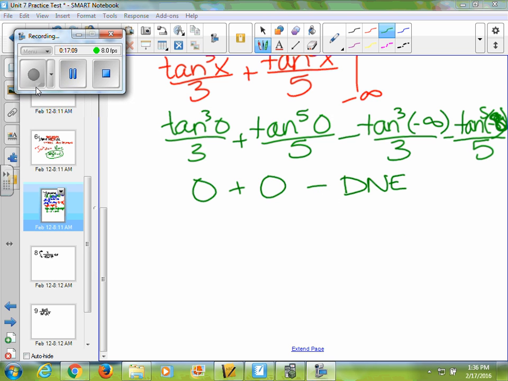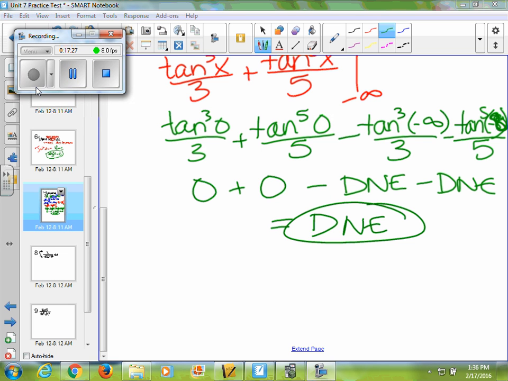What do we think happens at tangent to the 5th of negative infinity over 5? The same. Yeah, it does not exist. Okay, so 0 plus 0 minus does not exist minus does not exist equals does not exist. Yep, if you get any does not exist in your equation, then you know that the limit does not exist.